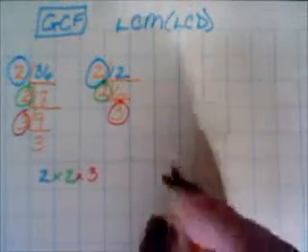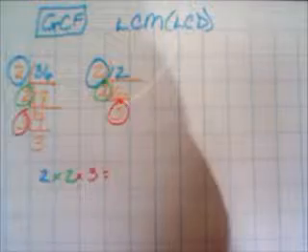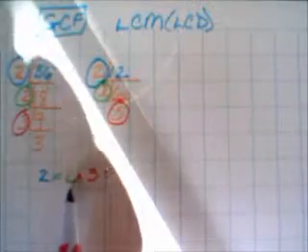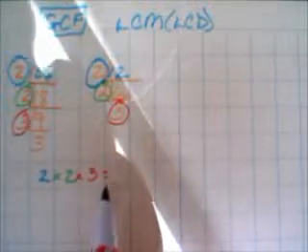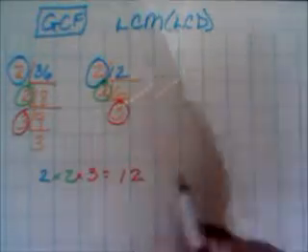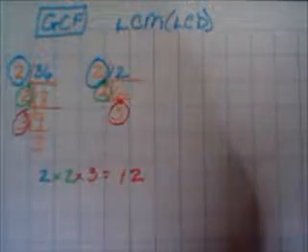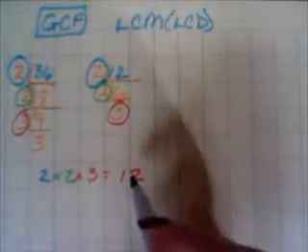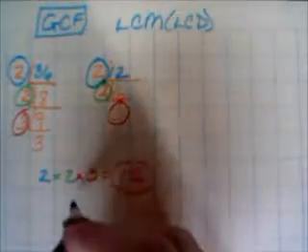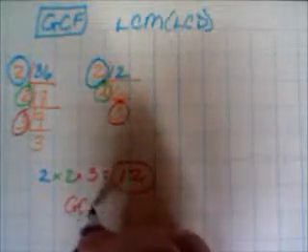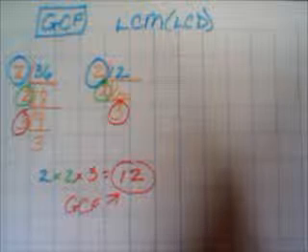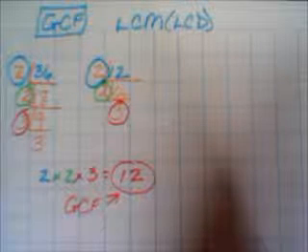Okay, so now I'm going to multiply those together. 2 times 2 is 4, times 3 is 12. Okay, so that 12 is our greatest common factor of these two numbers.